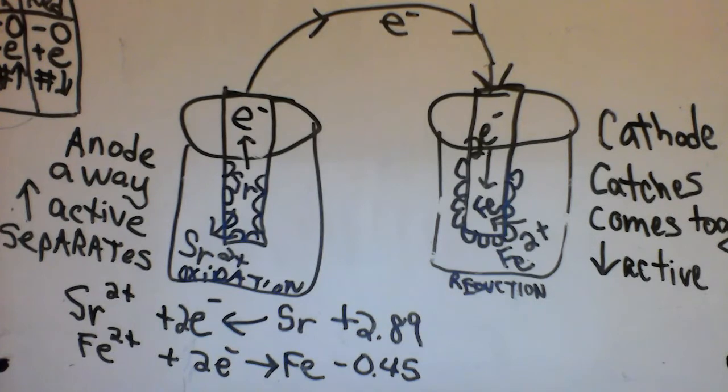Now the question asked us what is the anode and what is the cathode, and we've shown that strontium is the anode and iron is the cathode. The question also asks us what is the standard cell potential, and in order to figure that out we have to add the reduction potential with the oxidation potential.